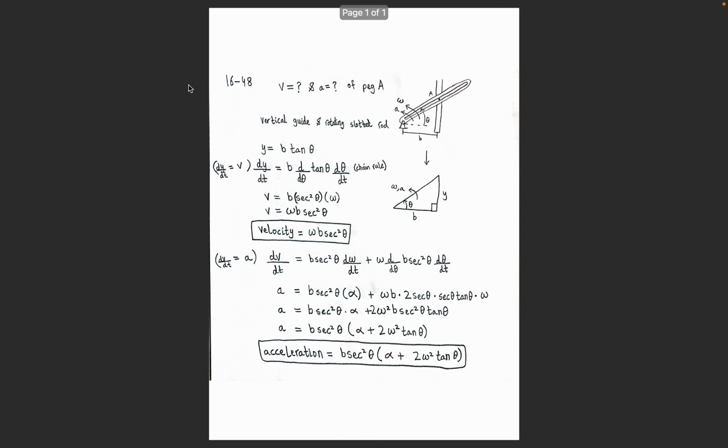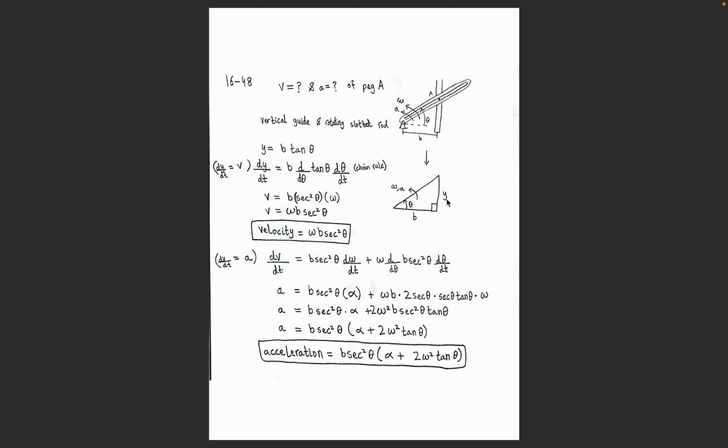When we start our answer, we can draw a simpler diagram in the form of a right angle triangle. There is a right angle between the vertical guide and the horizontal base, and the horizontal distance from the vertical guide to O is b.